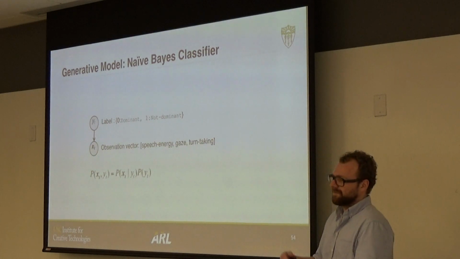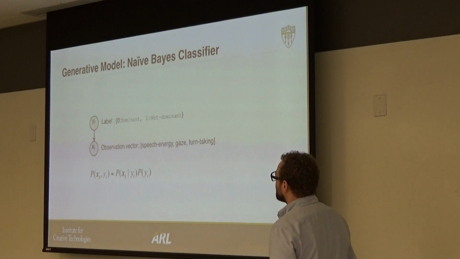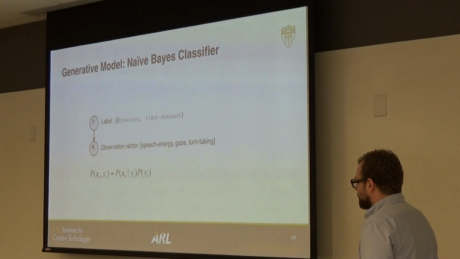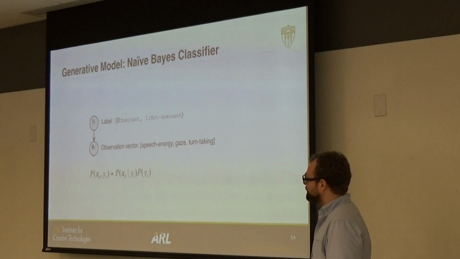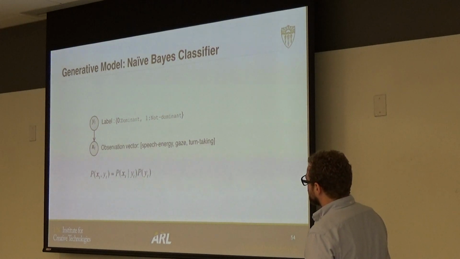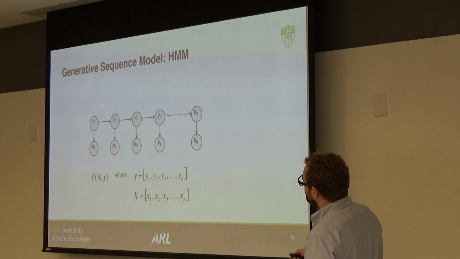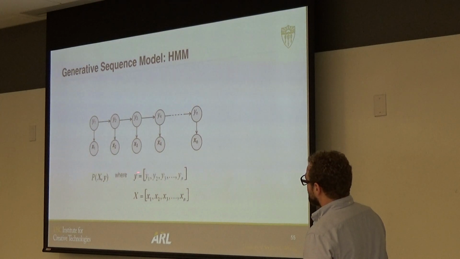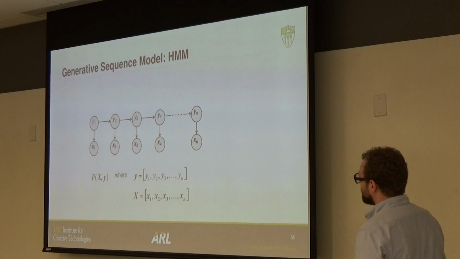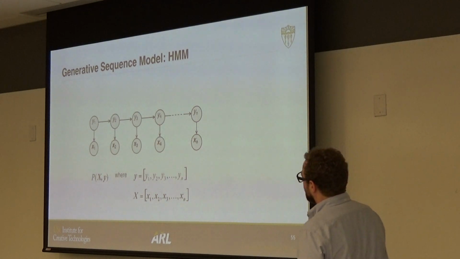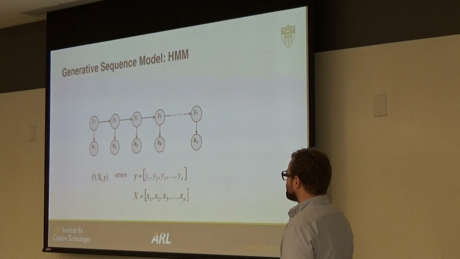Okay, so that's kind of the naive Bayes idea, or the hidden Markov idea, where this becomes a sequence and this is a model. So this is what we have here in the hidden Markov model. So we have these sequences, and we have some variable states in our model.